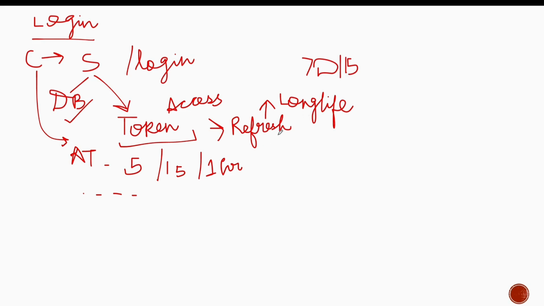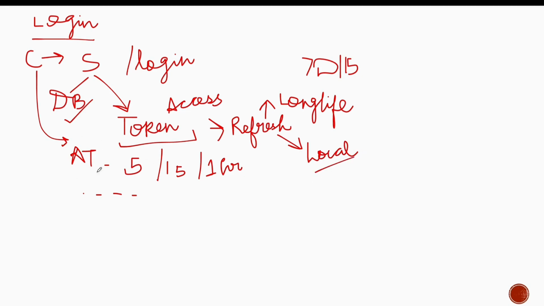And it is stored securely. Where is it stored? It is stored securely, either in local storage or as an HTTP-only cookie. So the refresh token has a long life of 7, 15, 30 or 90 days, and it is stored in local storage or as a cookie.